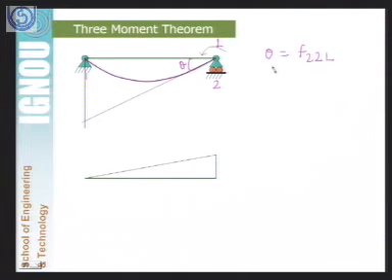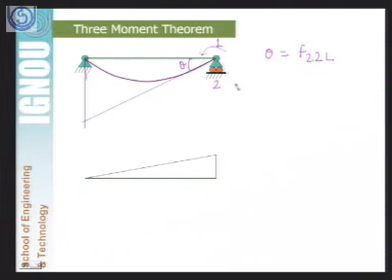As I have already explained why we are taking L here, because at node 2 in its left there is a beam, again in its right there is a beam. So when we give a unit moment on the right side and calculate the rotation because of that moment, that will be called F22R on the right side of node 2, and on the left side of node 2 we are naming it F22L.